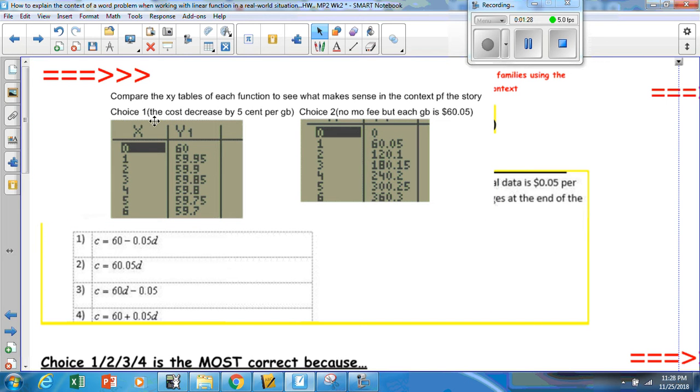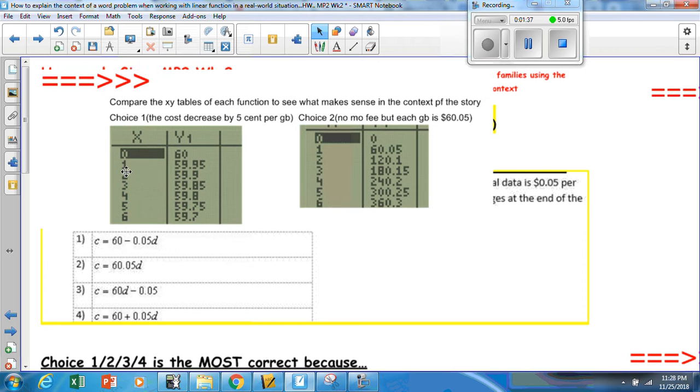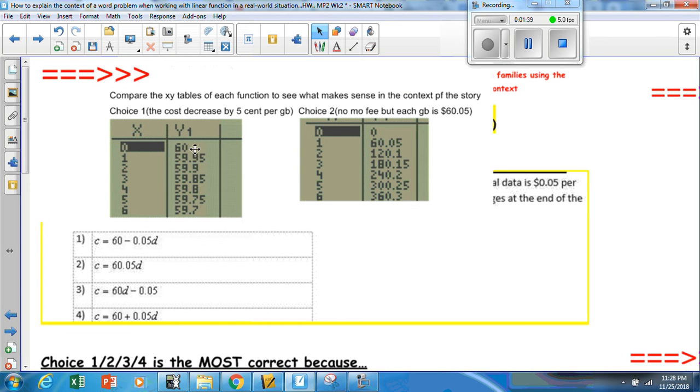So if I choose choice 1, the picture it creates tells me, okay, in the first month I'm going to have a $60 charge, and then every month thereafter the cost goes down.